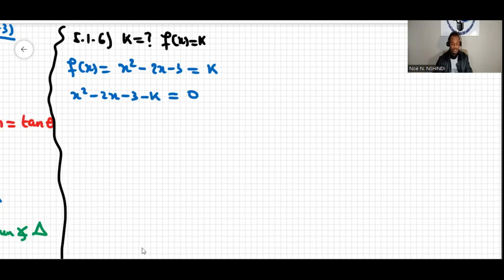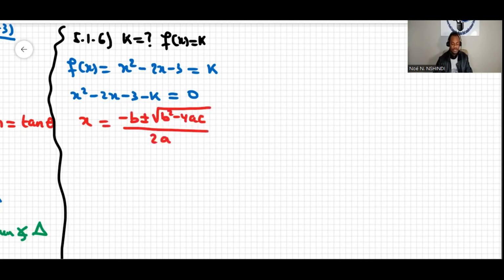Now, real roots are the values of the quadratic equation. You know, the quadratic equation is given by x is equal to minus b plus minus square root of b squared minus 4ac all over 2a, okay?